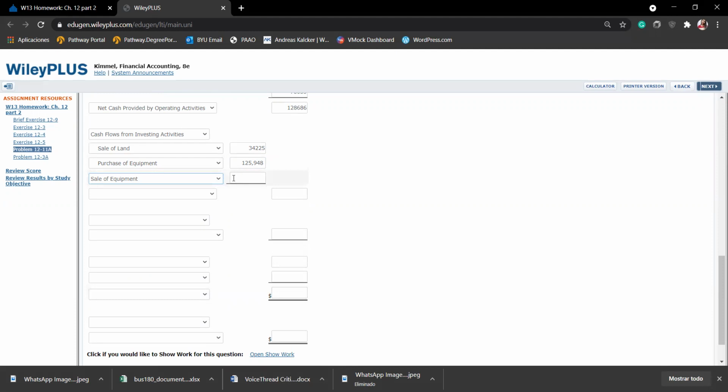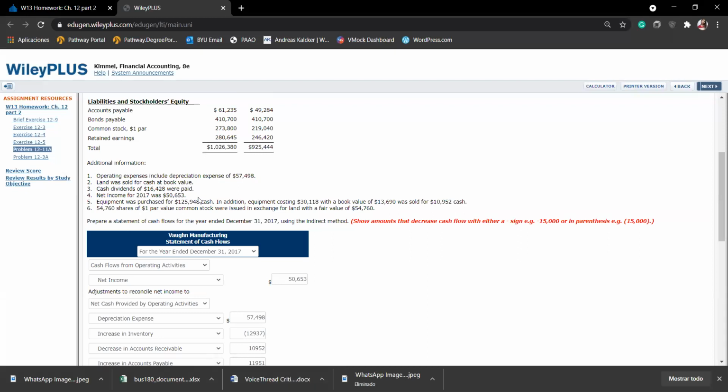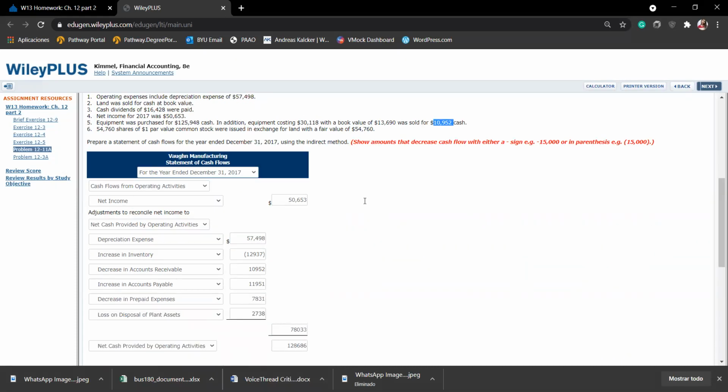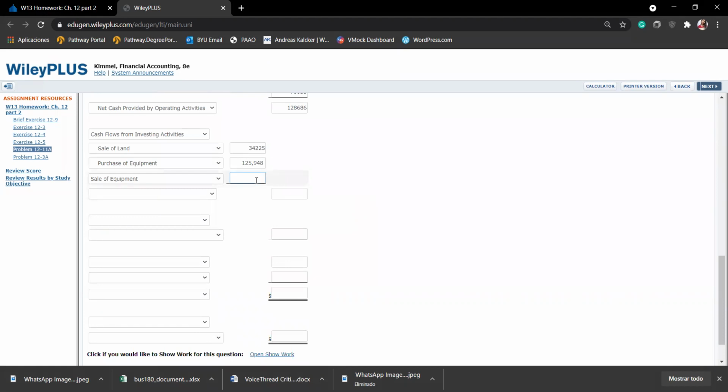Maybe we sold the equipment and then we purchased other equipment. So equipment was purchased by this amount, and then equipment costing this amount was sold for this other amount. So that sale we enter here.